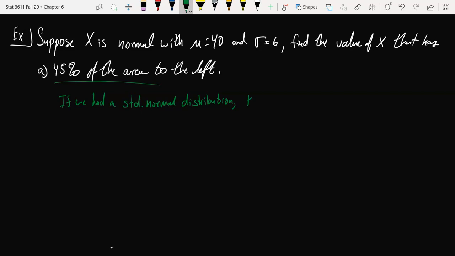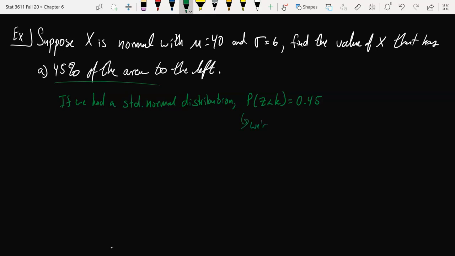That would be finding the k value, so the probability that Z is less than k equals 45%, or 0.45. We could look up that k value in the table.